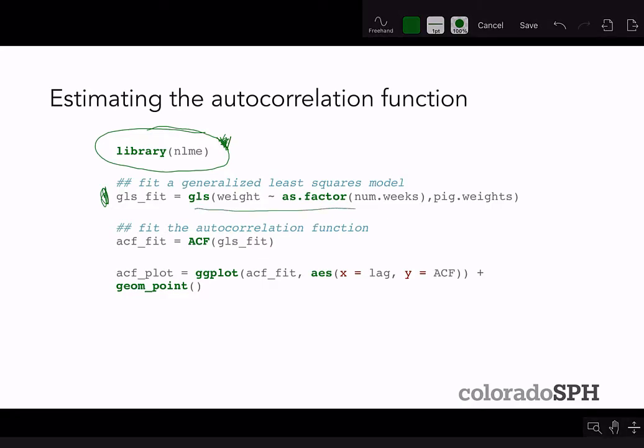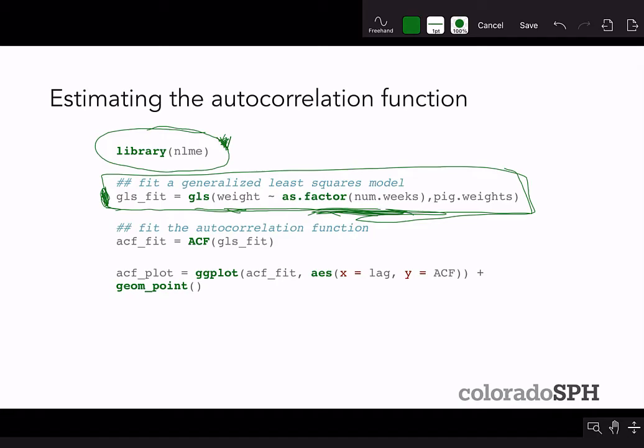This is a generalized least squares model where you're fitting the outcome against the time variable as a factor. This is a fancier way of fitting a mean model than when we fit a model to the pigs data before. That's really what is going on here.